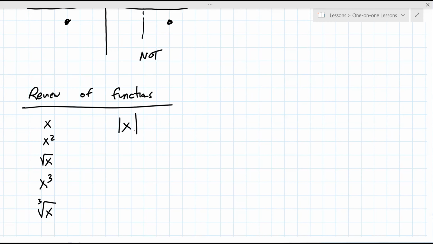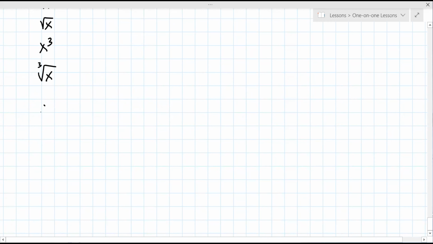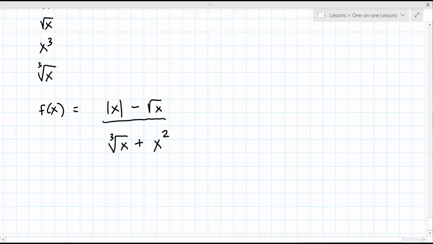There might be a constant function, but these are all ones that you have to remember what to do when you're given a problem. So if I made up a really complicated function like the absolute value of x minus the square root of x over the cube root of x plus x squared, 2 times that, and I told you that x equals 1, could you figure out f of 1?